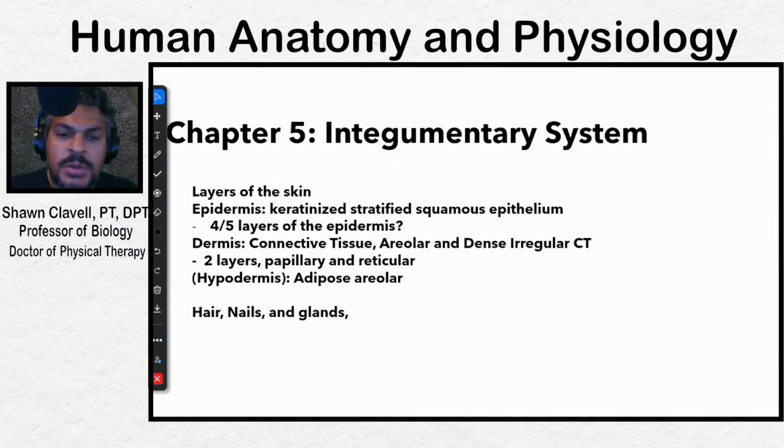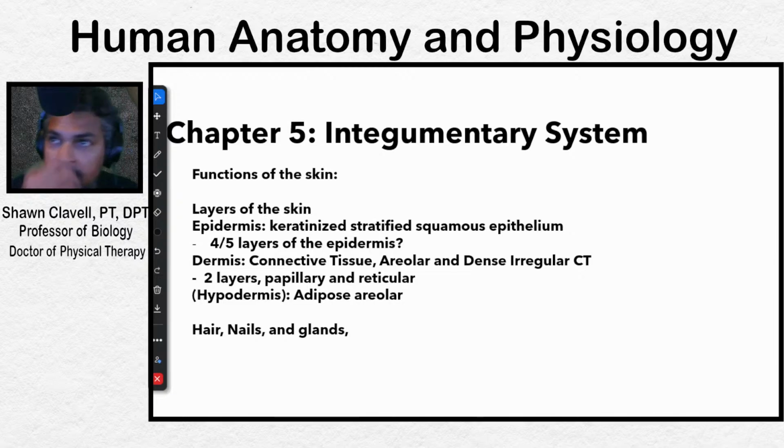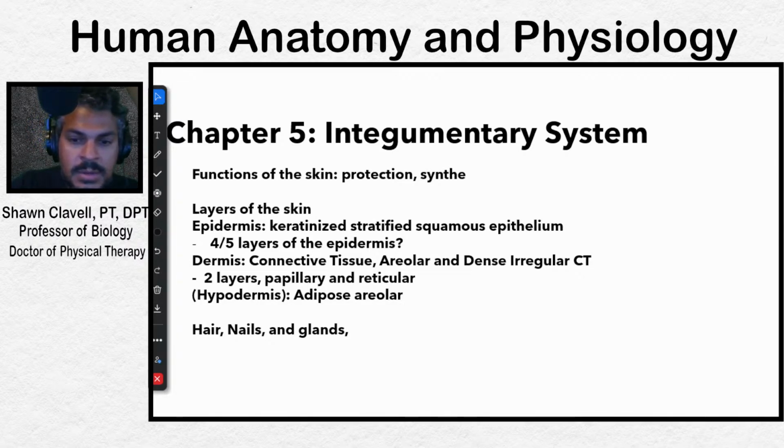If I didn't mention it already, you should be able to identify the functions of the skin. Some of it includes things that we're familiar with, like protection. But one that I want you to be familiar with is the synthesis of vitamin D, which is responsible for calcium absorption.